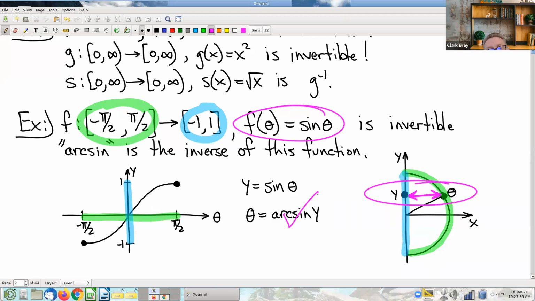So, let me highlight, we are picking these values of theta because those are the domain of the function we're inverting. Everybody on board? Okay.